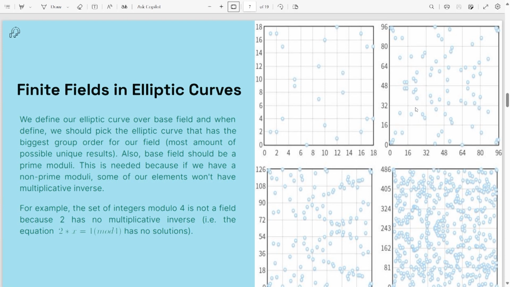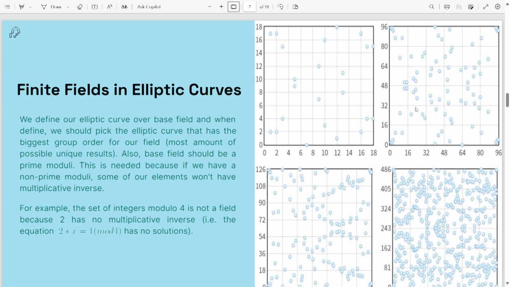Then we will choose the elliptic curve, and we will use both of them to satisfy all these security things, the easy calculations, a lot of things going on back there. But we have to choose these two very carefully.